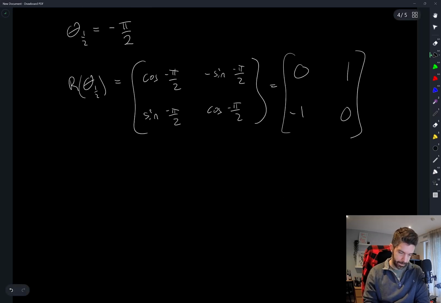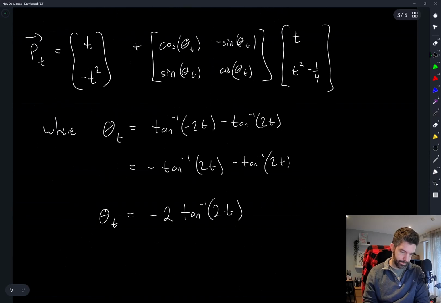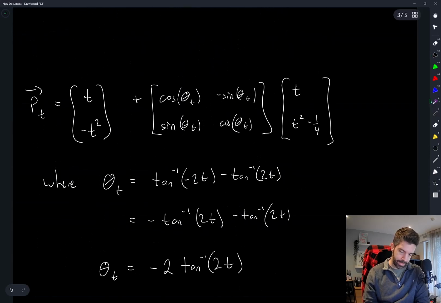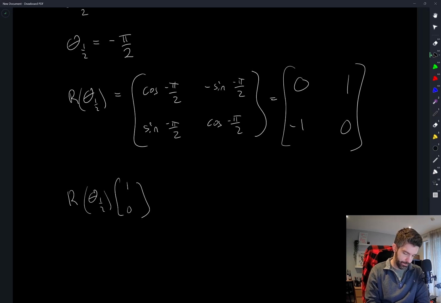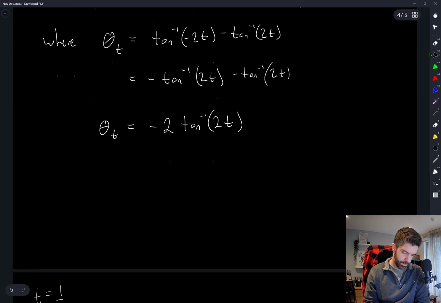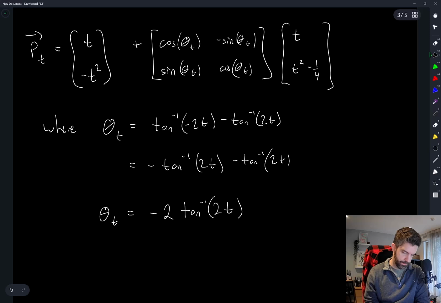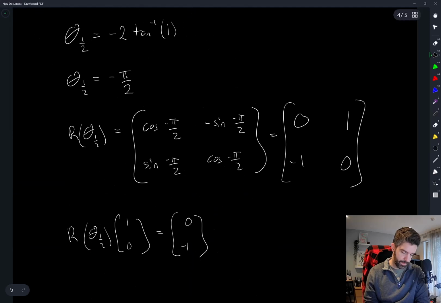Okay. And so when t is equal to a half, this is just equal to 1, 0, right? Applied to 1, 0 is equal to 0, negative 1. Have I done something wrong?